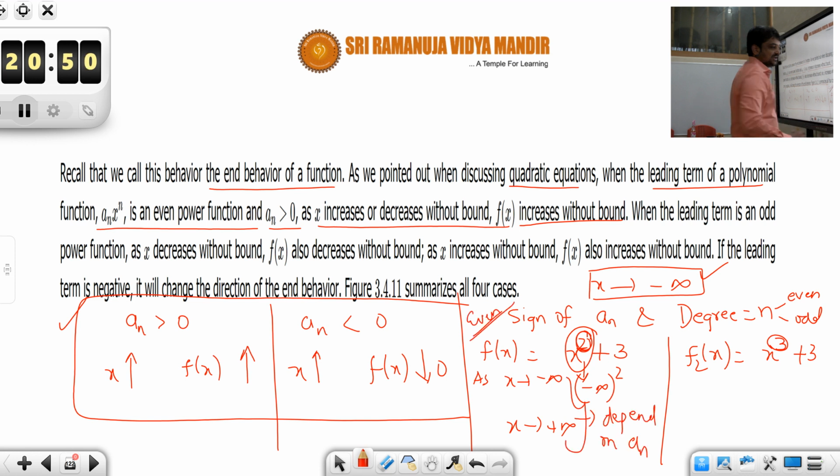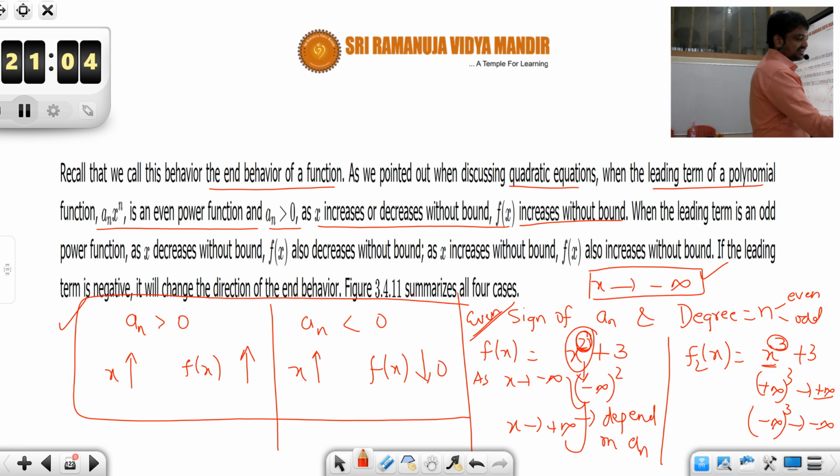Whereas if the degree is odd, as x tends to plus infinity, plus infinity whole cube tends to plus infinity, whereas minus infinity whole cube tends to minus infinity. So if the sign of an is positive, then this will tend to plus infinity, and that tends to minus infinity.